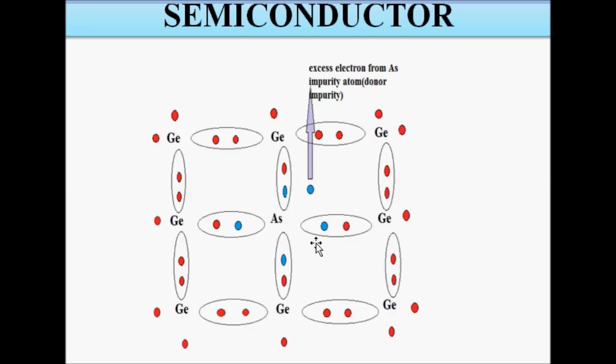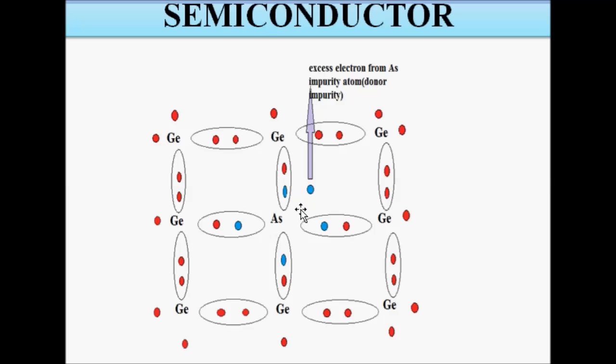Out of these 5 electrons, it contributes 4 to form covalent bonds with 4 neighboring germanium atoms, with the neighboring germanium atoms contributing 1 electron each from their valence band. In this way 4 covalent bonds are formed.